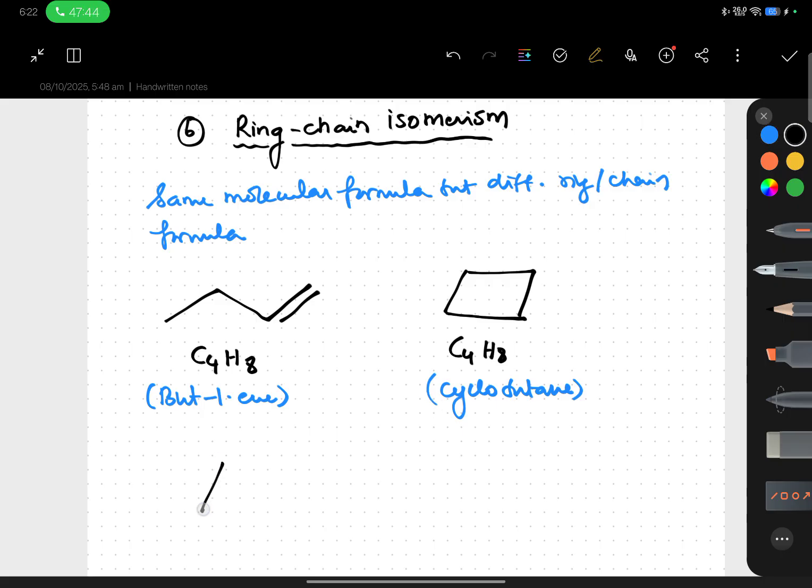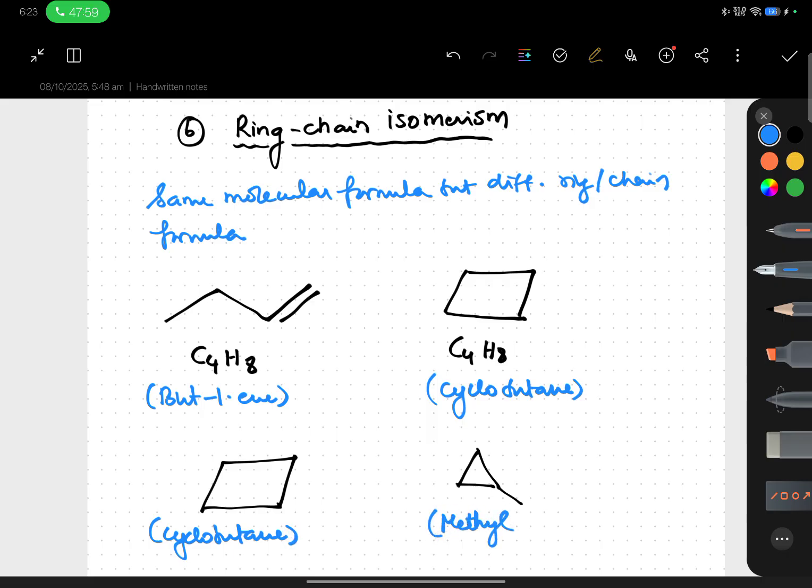You take the same formula, C4H8: cyclobutane, methylcyclopropane. So these two are examples of ring chain isomerism.